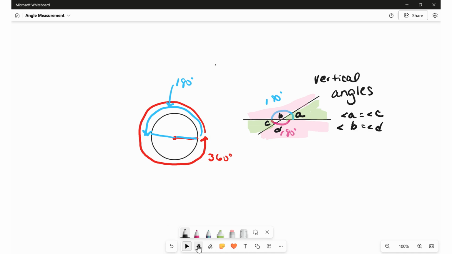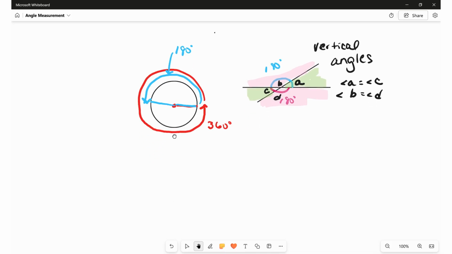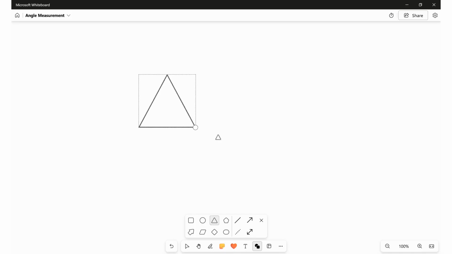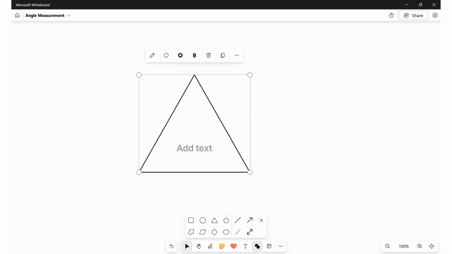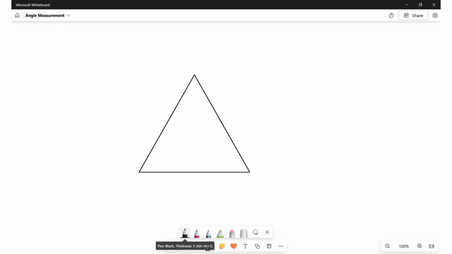And now I've got one more concept that I want to go through, and that is the measure of the angles in any triangle. All right. So we have this one here.